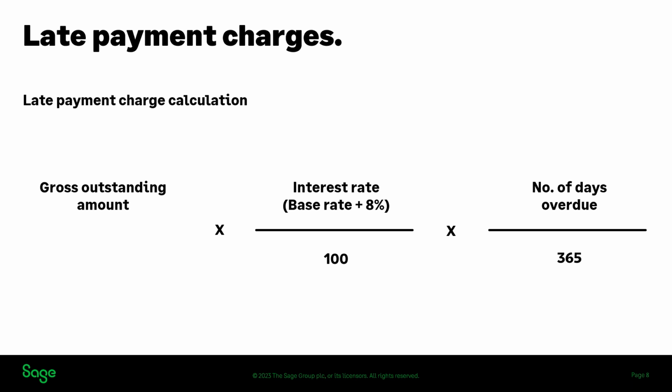That is multiplied by your interest rate, which is the base rate plus your optional up to 8%. That's divided by 100 to give you the relevant rate, multiplied by the number of days overdue, and it'll divide that by 365, so that essentially you're applying a daily rate, as it were.